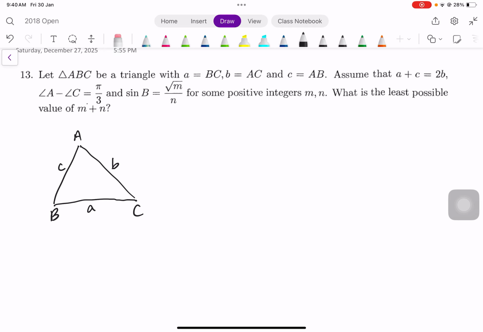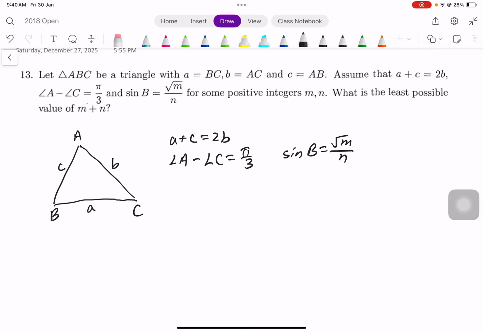It is given that a plus c is equal to 2b, and angle A minus angle C is equal to pi over 3, 60 degrees. And also given that sine B is equal to square root m over n.